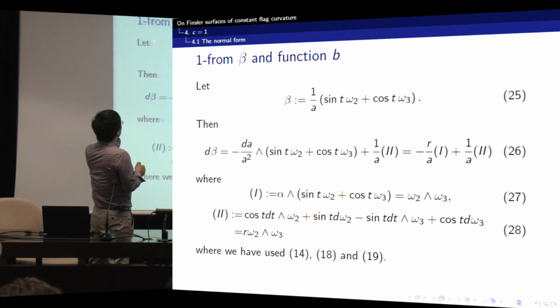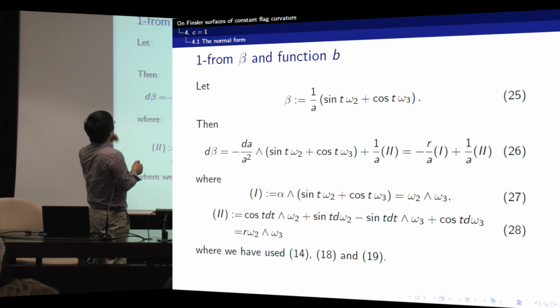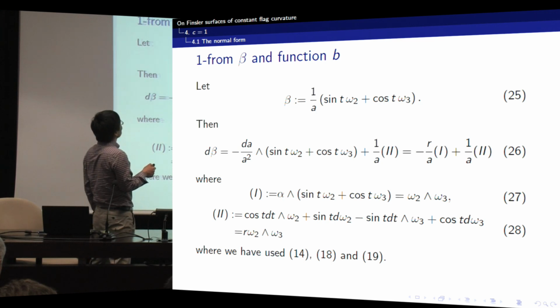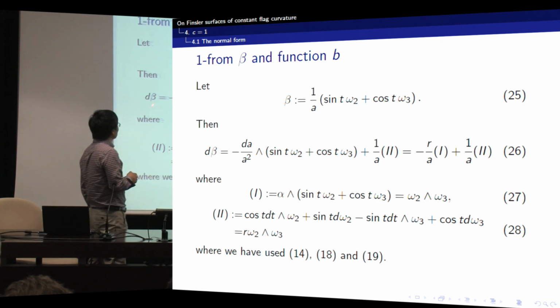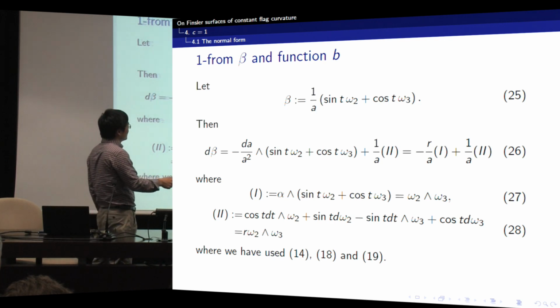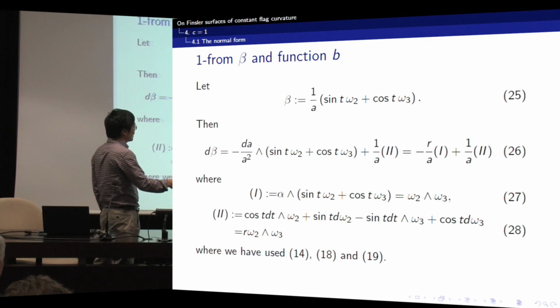Now we define a one-form beta and a function b. We define beta equal to 1 over a times sine t omega 2 plus cosine t omega 3. Then we can differentiate beta by this one. Here, term one is defined by this one, and term two is defined by this one.